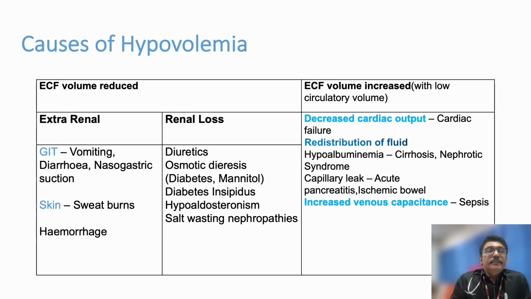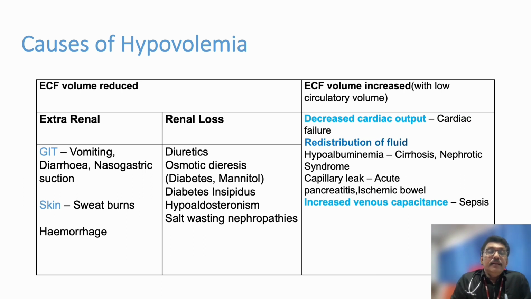Now, we can see the causes of hypovolemia. Reduced extracellular volume occurs in conditions like renal loss and extrarenal loss: vomiting, diarrhea, sweat, burns, heat, hemorrhagic shock.